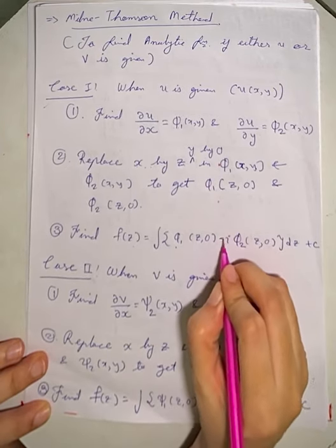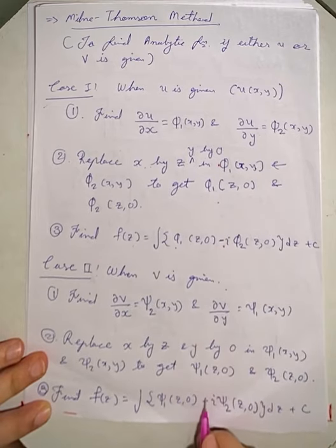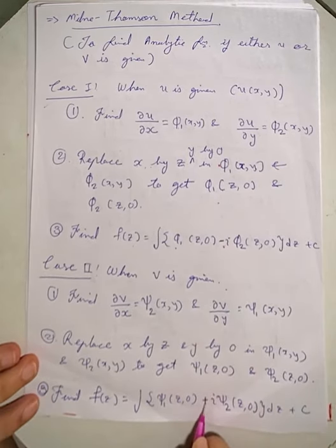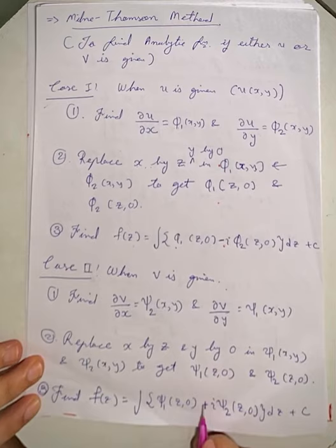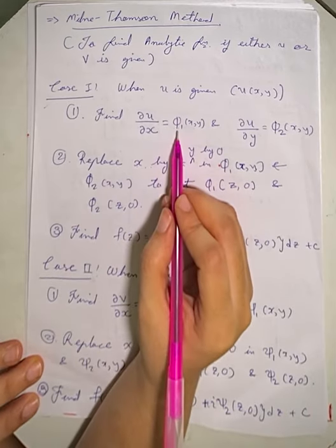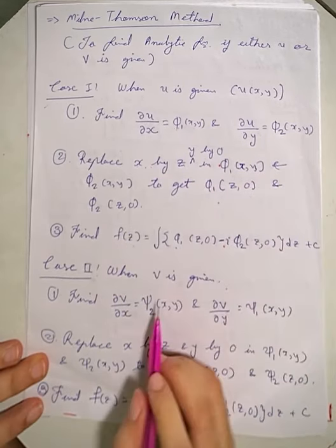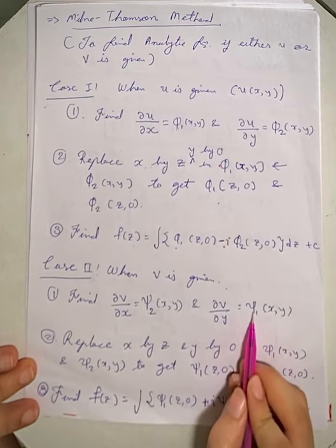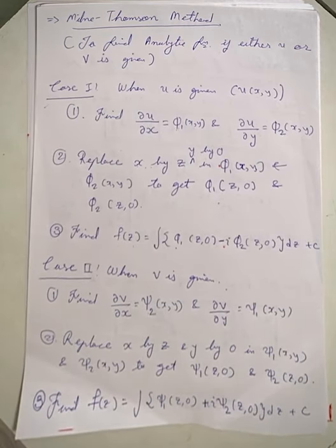So here you had a minus sign, here you have a plus sign. This is the only difference, the plus-minus difference, and the phi 1 phi 2 become psi 2 psi 1. That is it. This is how you can find the analytic function directly using just one of the conjugate functions. Okay, thank you.